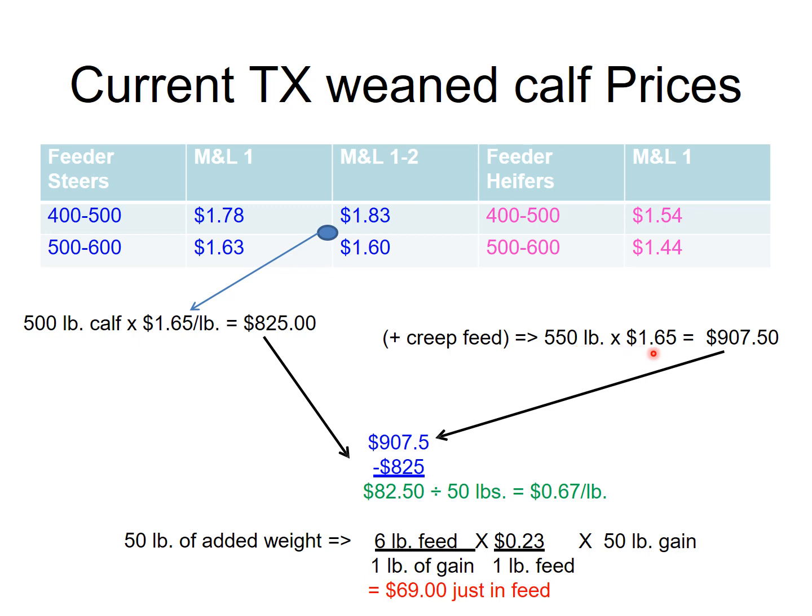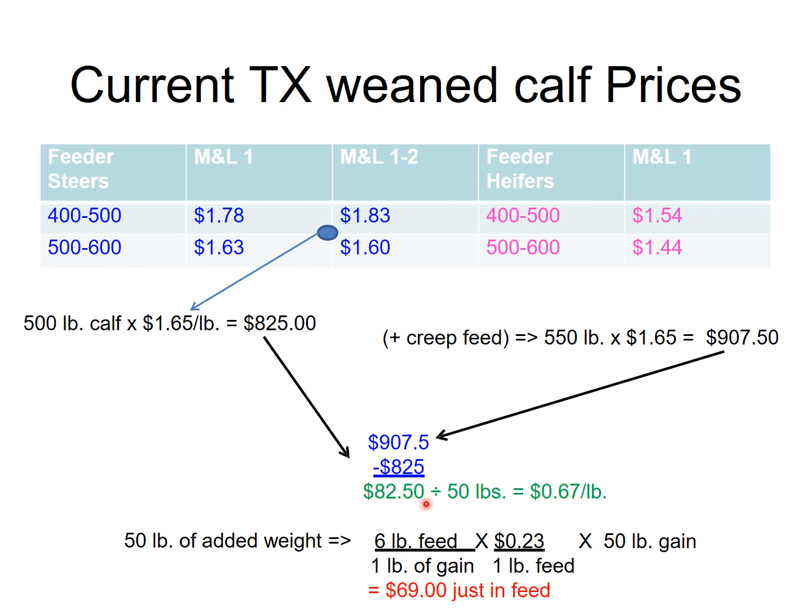I'm going to say they still brought $1.65. So what was that 550-pound calf's total value? $907.50. So if we put $907.50 here and subtract $825 from it, we can see that our heavier calves brought a total value of $82.50 more to the rancher.